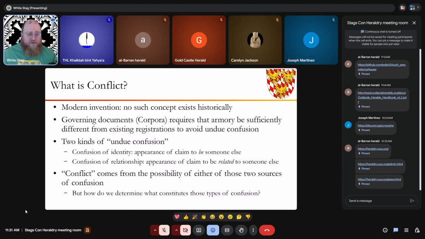It may be helpful to take another step back, where armory is an image which represents the presence or the being of a person.